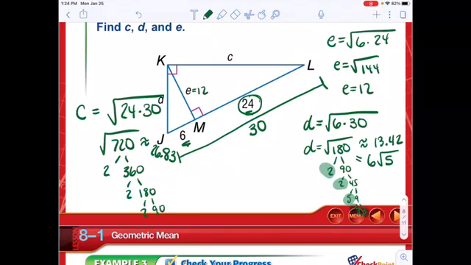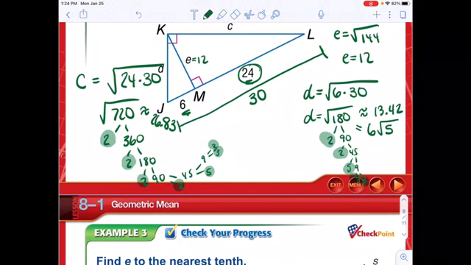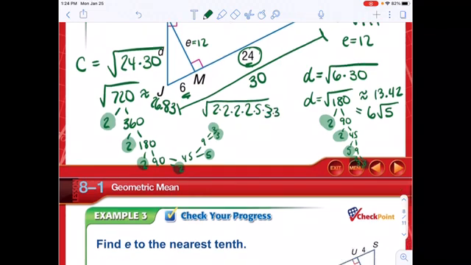So this one's actually quite long. You'll notice my factor tree got pretty big. You want to give yourself ample workspace for that. So we have 2 times 2 times 2 times 2 times 5 times 3 times 3.